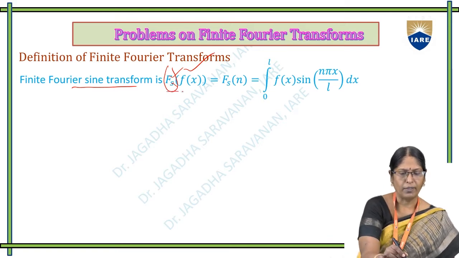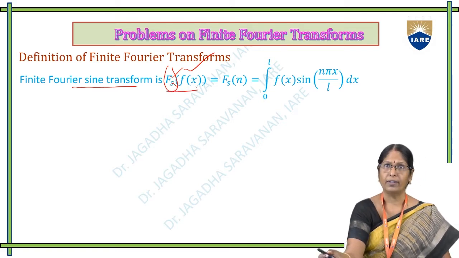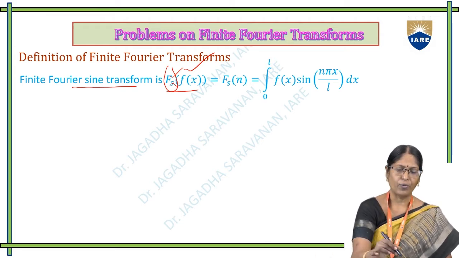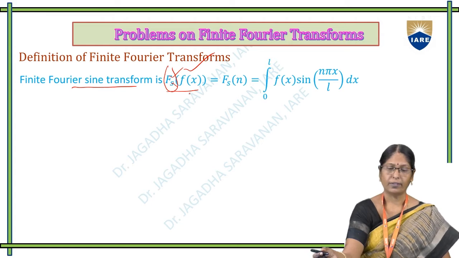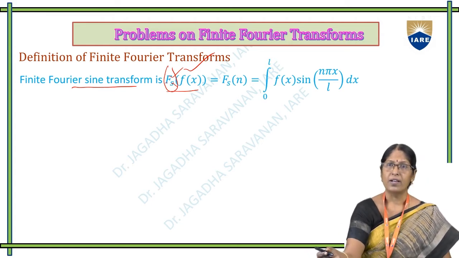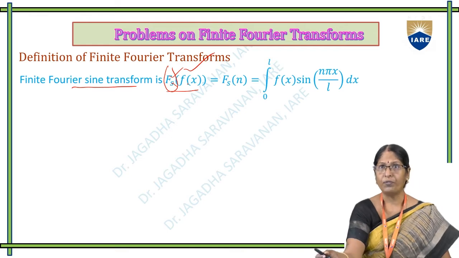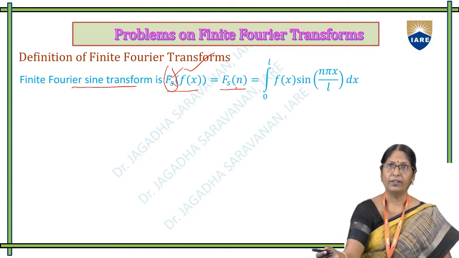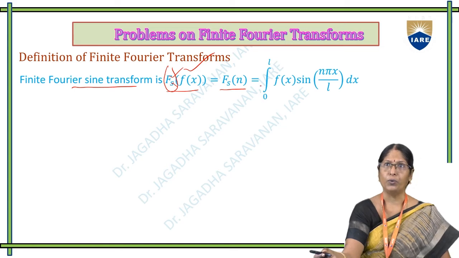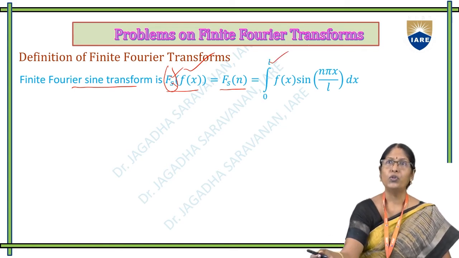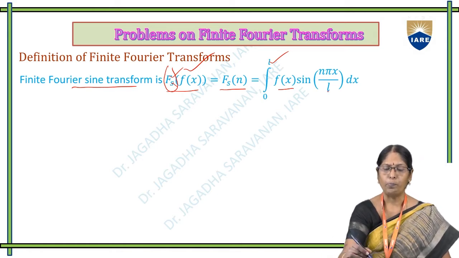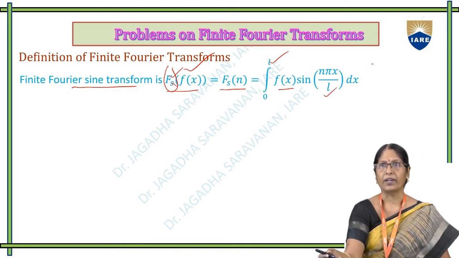Mathematically the notation is Fs of f of x. We will read this as Fourier sine transform of the function f of x. In other way, capital S of n, which is equal to integral 0 to L f of x sine of n pi x by L dx.